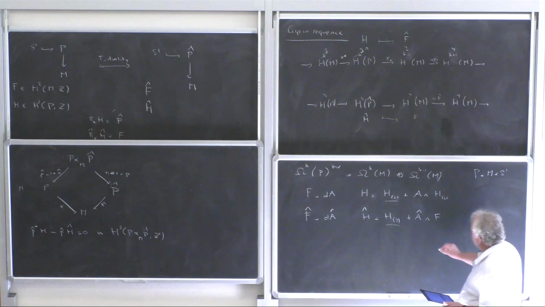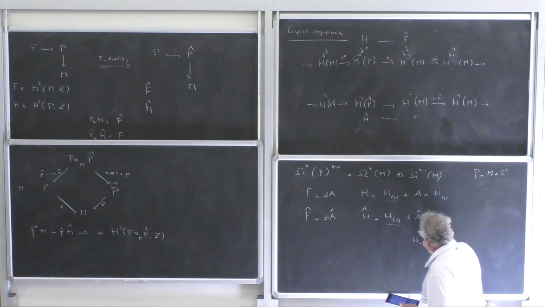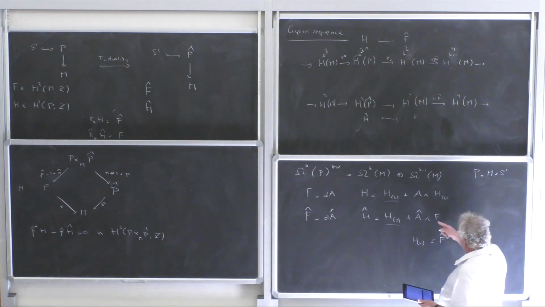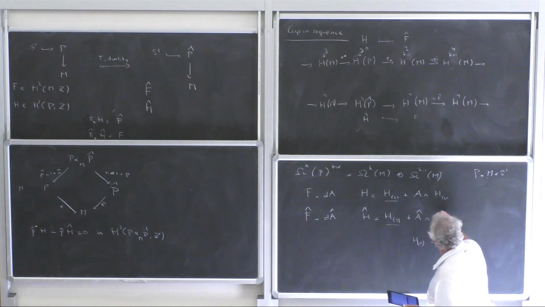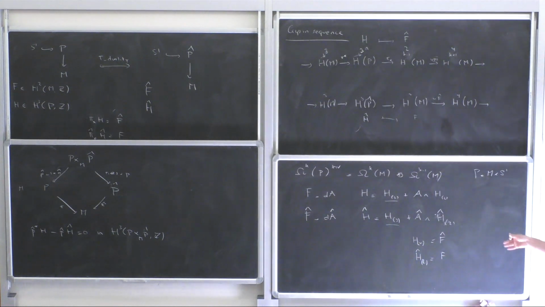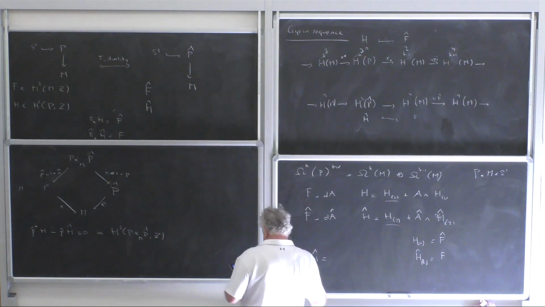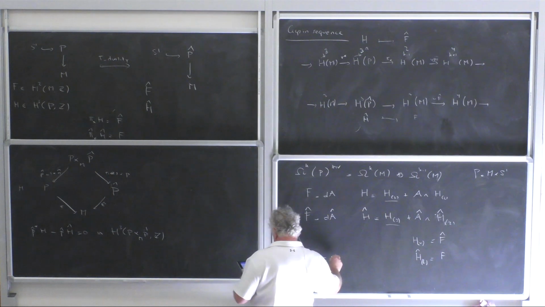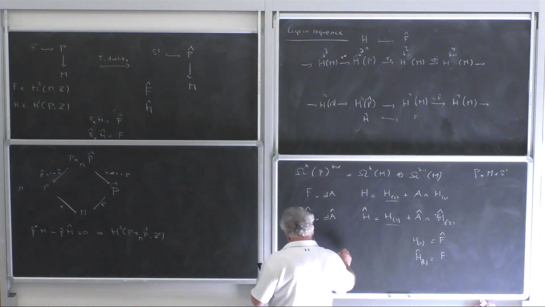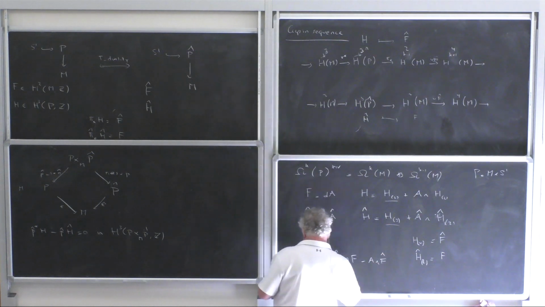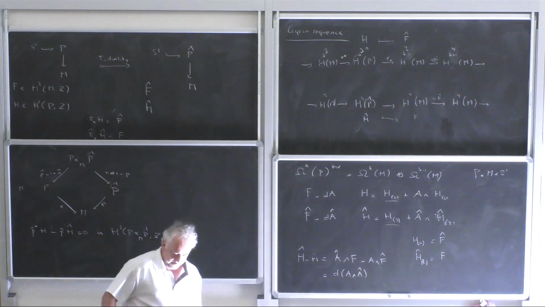So the T-duality is just replacing H2 by F hat, and H2 hat by F. So that's how T-duality works here, and you indeed see that H hat minus H, I might have the signs incorrect, is indeed an exact form, as it should be.